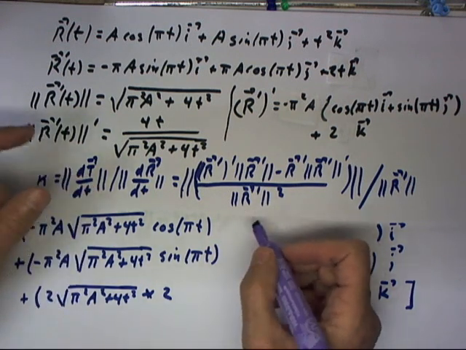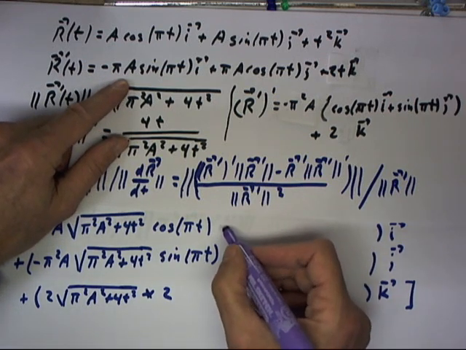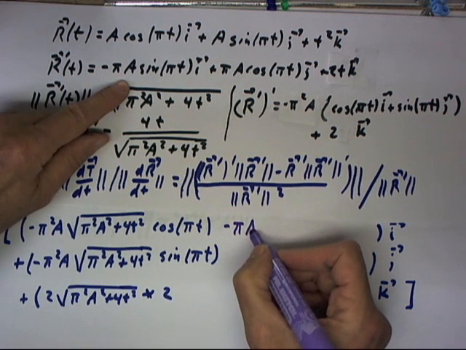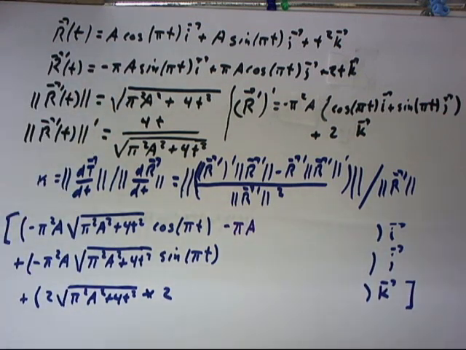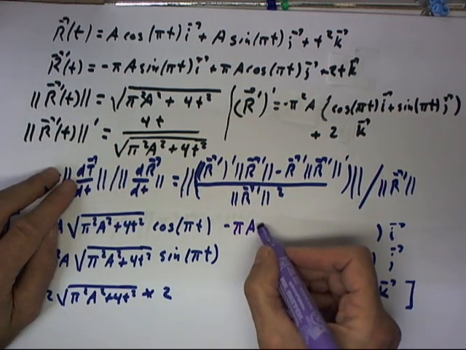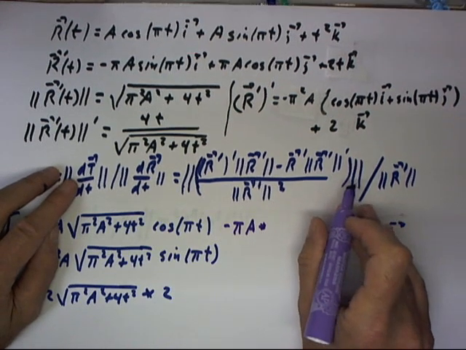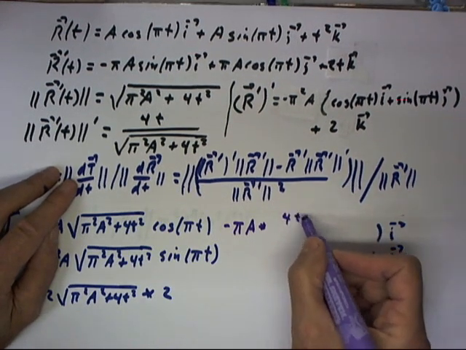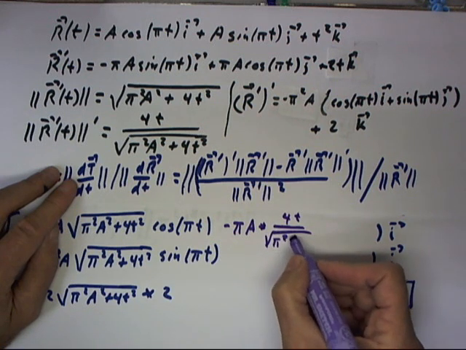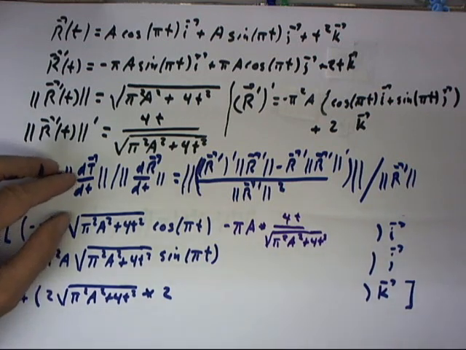Let's be careful about signs, we have negative pi a multiplied by the r prime prime, which is 4t divided by the square root of pi squared a squared plus 4t squared.